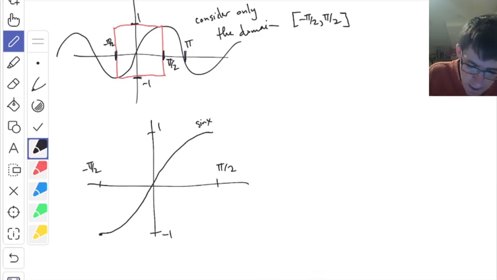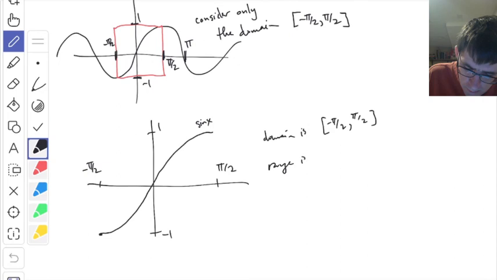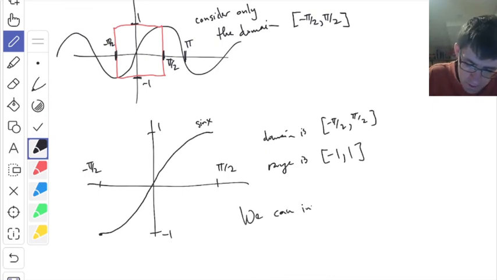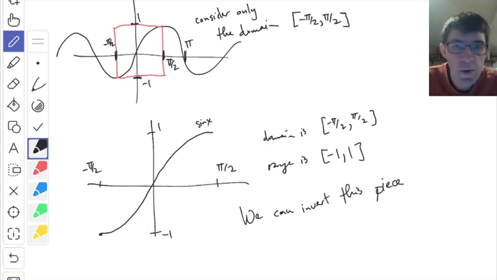Its domain is minus pi over 2 to pi over 2, and its range is minus 1 to 1. This little piece we can invert, and only this piece, because if you try to stretch beyond that piece, it's not one-to-one anymore and it doesn't work.